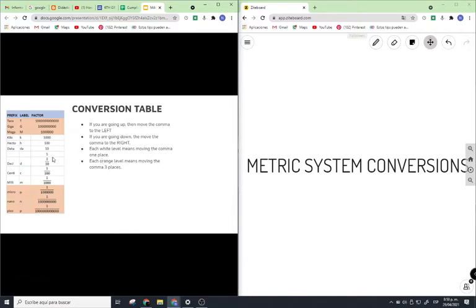But be careful, because we are going to change levels. Imagine that we want to convert from decimeters to centimeters. We go down one level. That means that you move the comma to the right, only one place, because each level that is white is only one place.